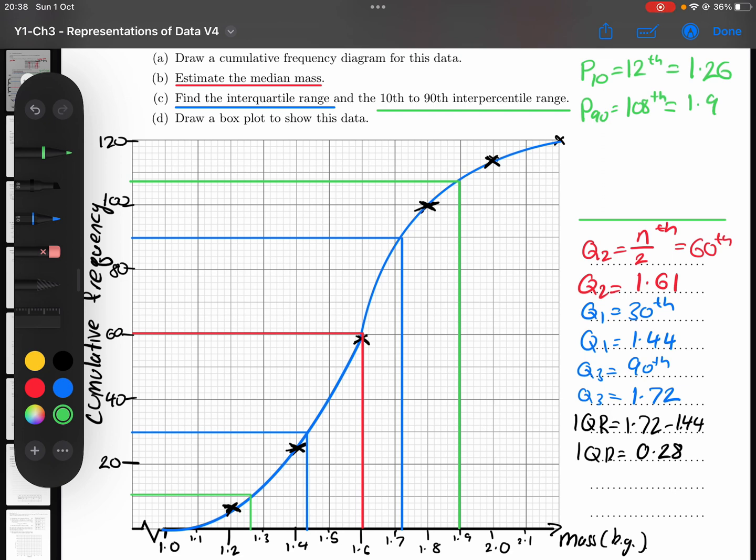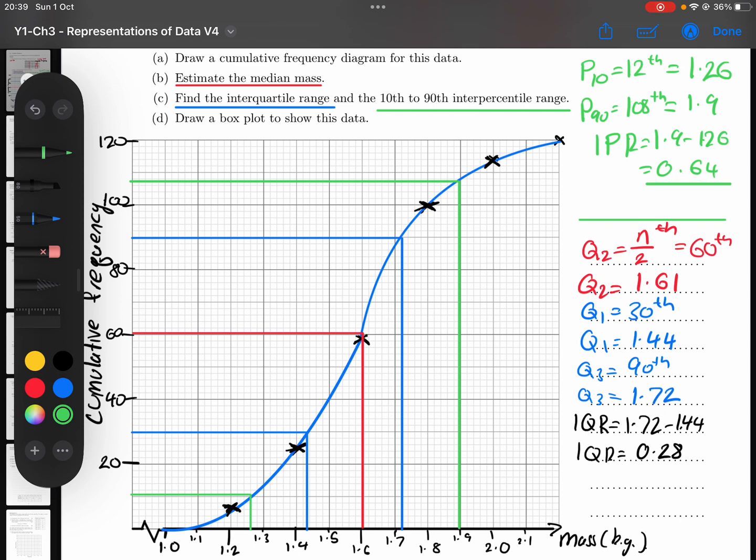So I could say that the interpercentile range of those values would be the difference, which would be, in my case, 0.64.